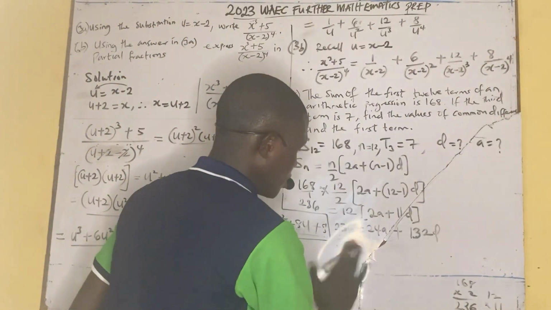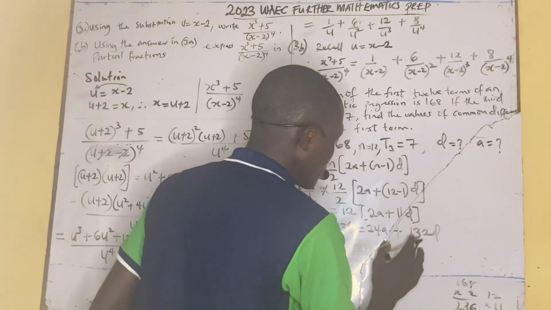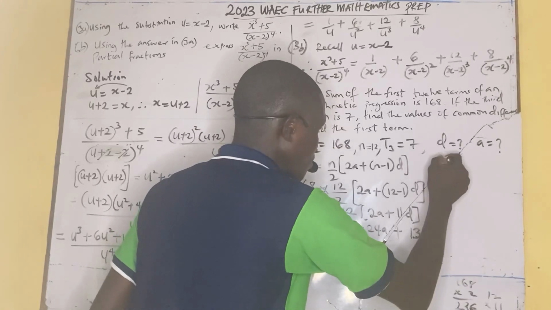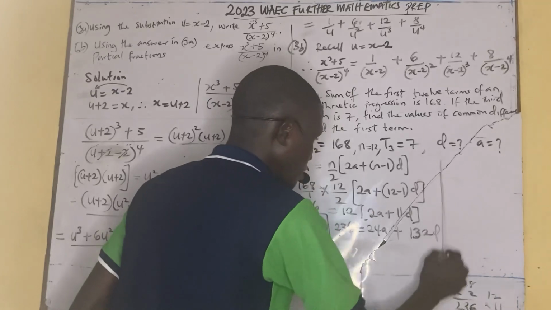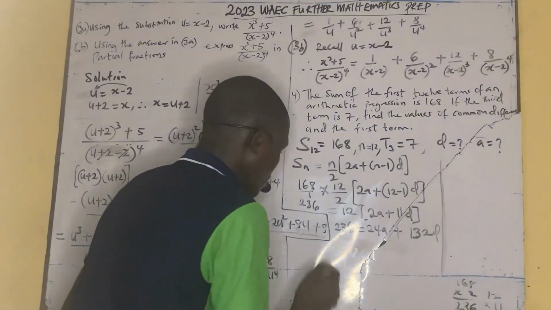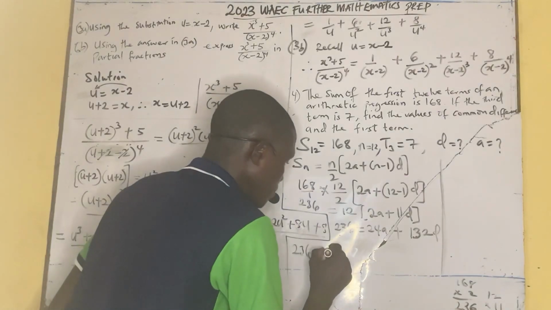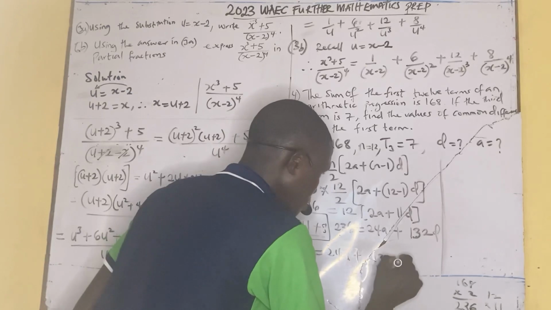So equation 1: 236 equals 24a plus 132d. Please follow. This is equation 1. Let me write it out: 236 equals 24a plus 132d.